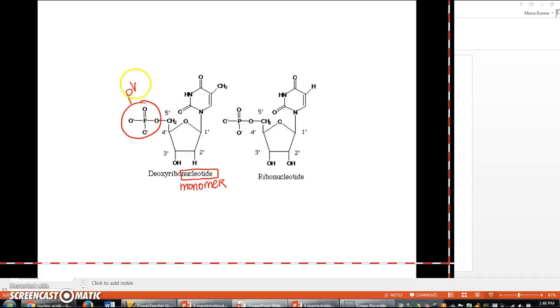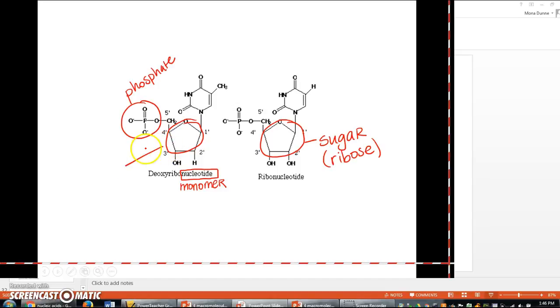So this is phosphate. And this right here, and it's on both, this is a sugar. Specifically this is ribose. Over here this sugar is deoxyribose. So DNA has a different sugar on it.